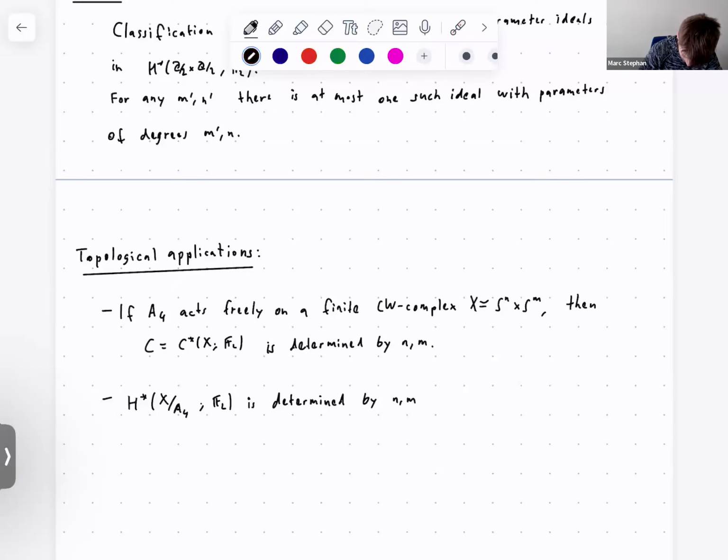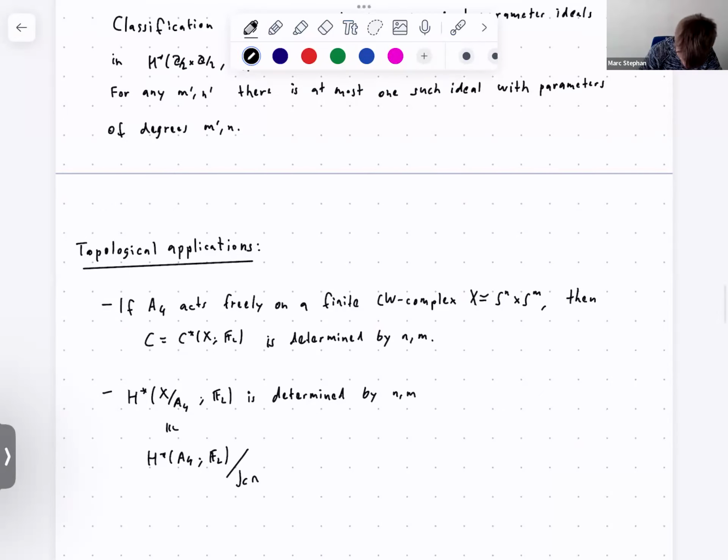So it will be the cohomology of the A4 modulo the intersection of this ideal for this cochain complex with the cohomology of A4, where we think of the cohomology of A4 as the C3 fixed points of the cohomology of C2 cross C2.